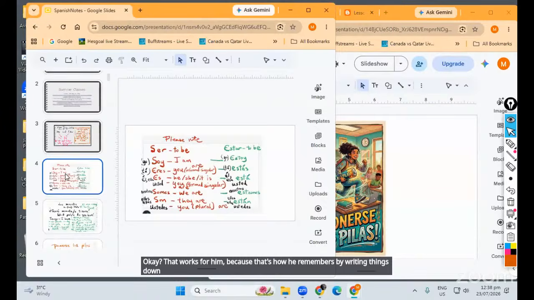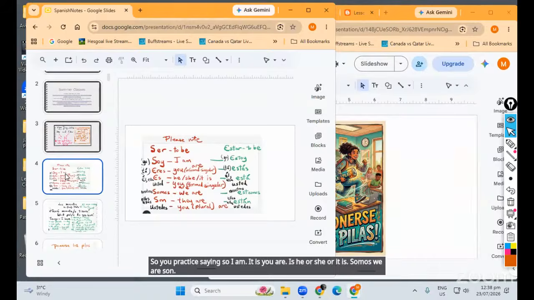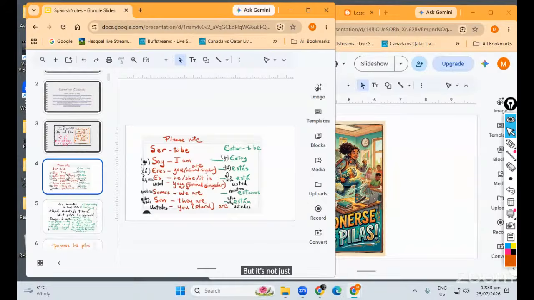Perhaps it might work for you if you repeat the thing 5 times. So you practice saying, soy, I am. Eres, you are. Es, he or she or it is. Somos, we are. Son, they are. Right? And be able to say it without looking at the page. But it's not just read it over once, probably, and it will stick.